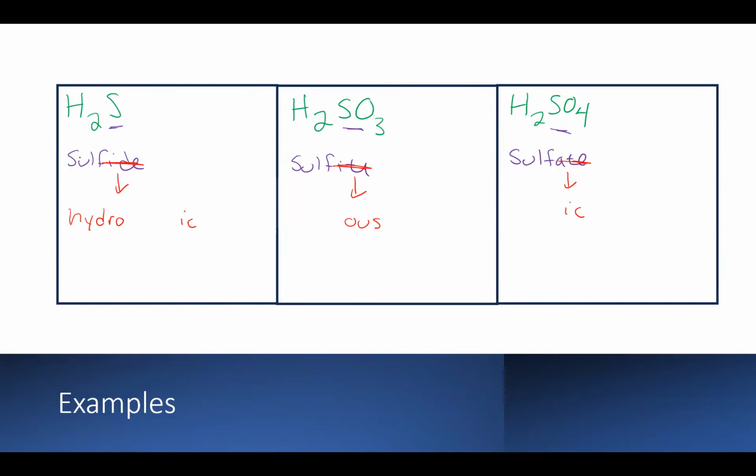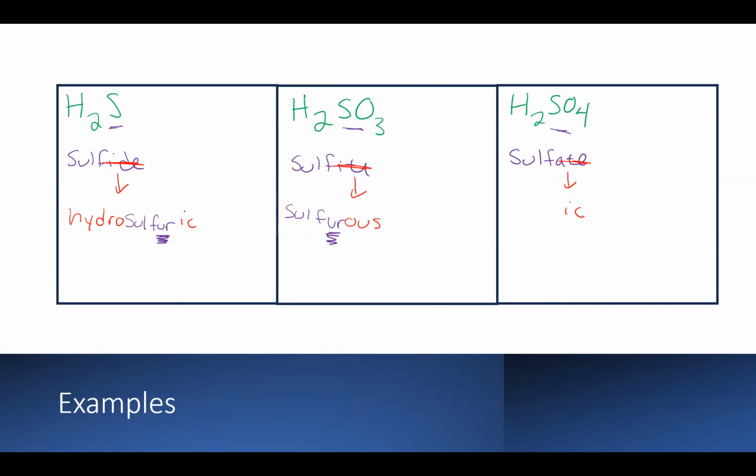But as I said, instead of having it just be sulf, we have to add those extra letters back. So it becomes sulfur. So instead of hydrosulfic, it becomes hydrosulfuric, adding these letters back. Same thing here. Instead of just having it be sulfus, it becomes sulfurous, adding those letters back. Again, same thing.